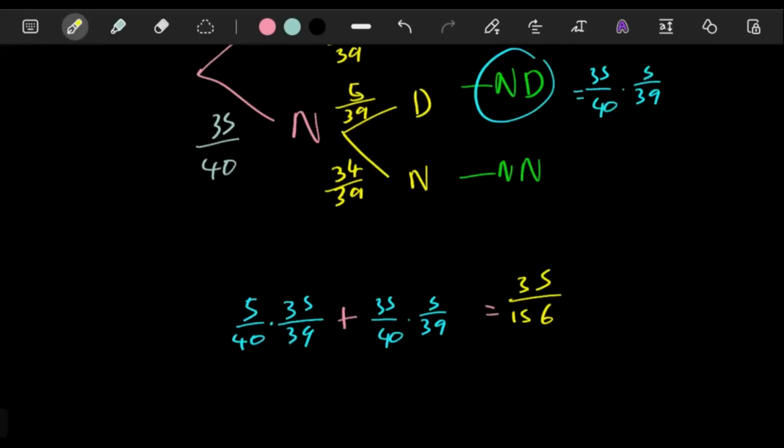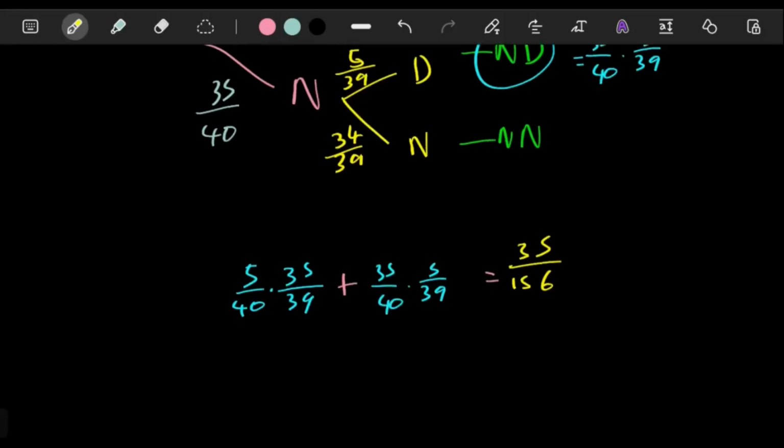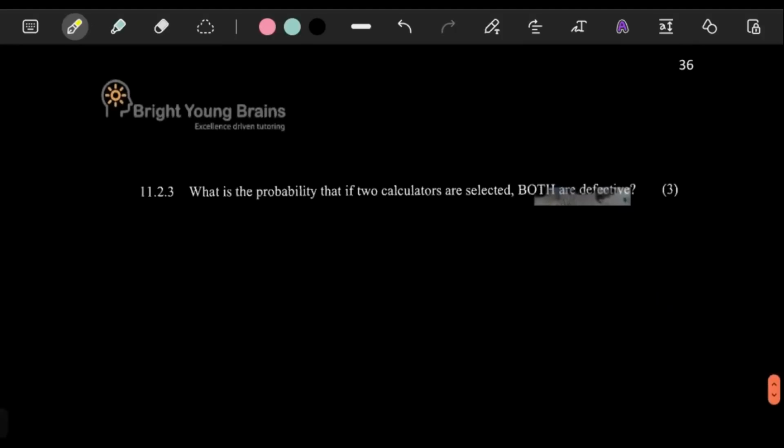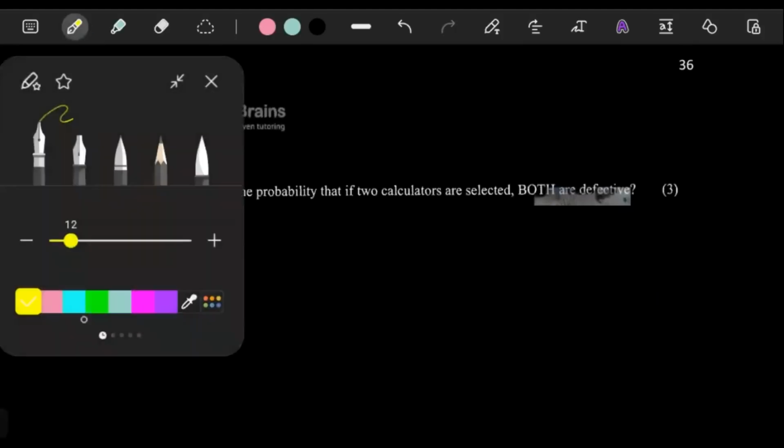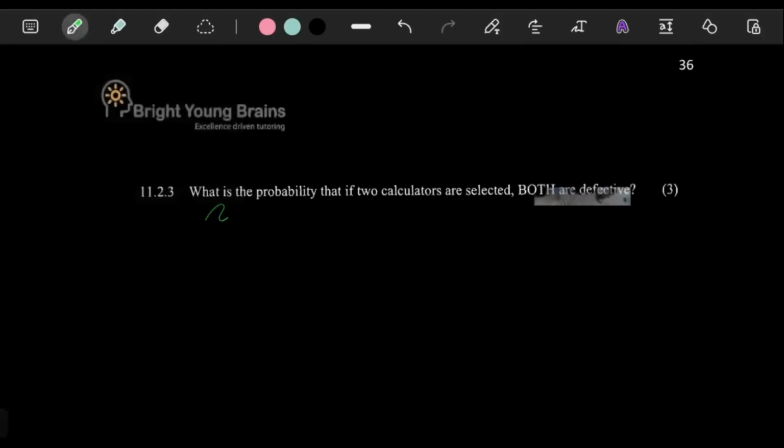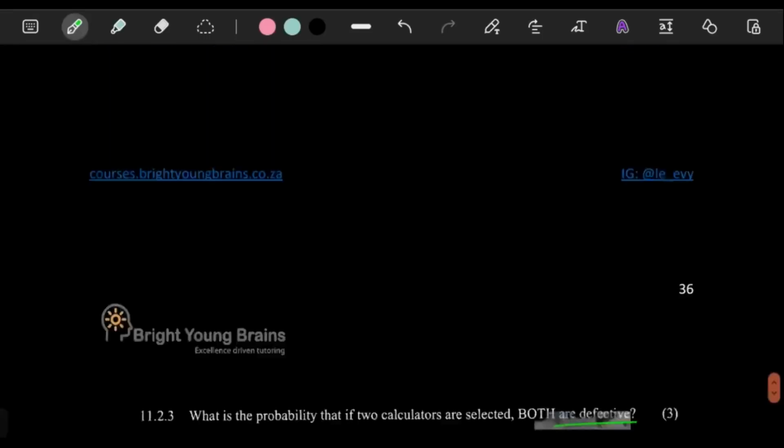The next question that we need to answer is 11.2.3. It says, what is the probability that if two calculators are selected, both are defective?